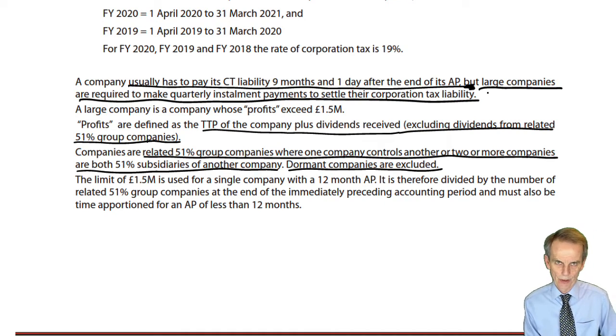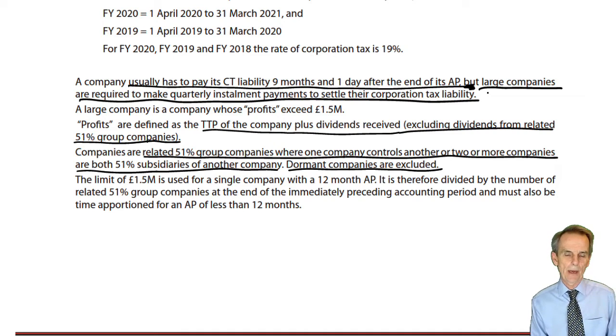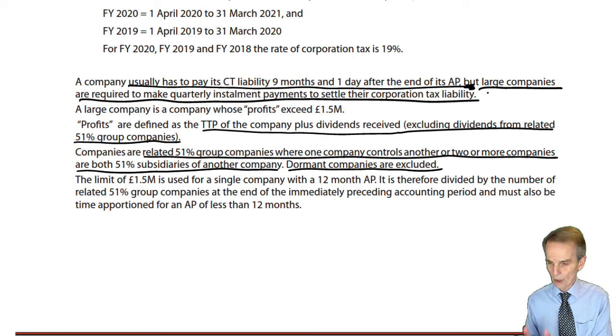This is not a good thing. You do not want to be making quarterly instalment payments. I hope you can recall that would mean instead of being able to wait until 9 months and 1 day after the end of the accounting period in question to pay any and all indeed of your corporation tax at that point.